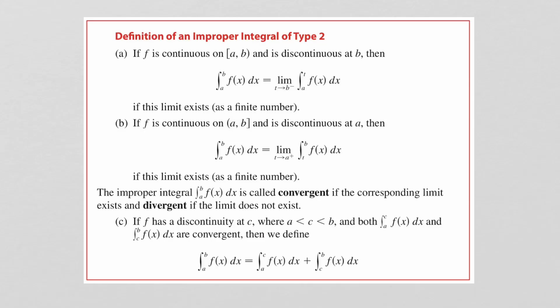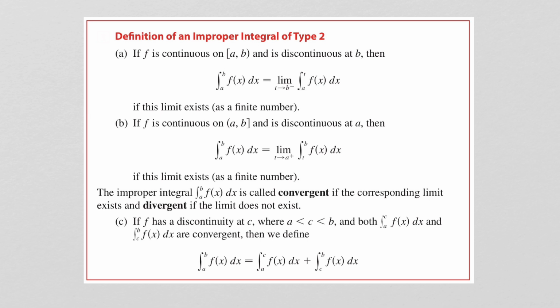Next, let's take a look at improper integrals type 2. If your function f of x has a discontinuity at b, and b is the upper limit of integration, then we need to take the limit as t approaches b from the left.